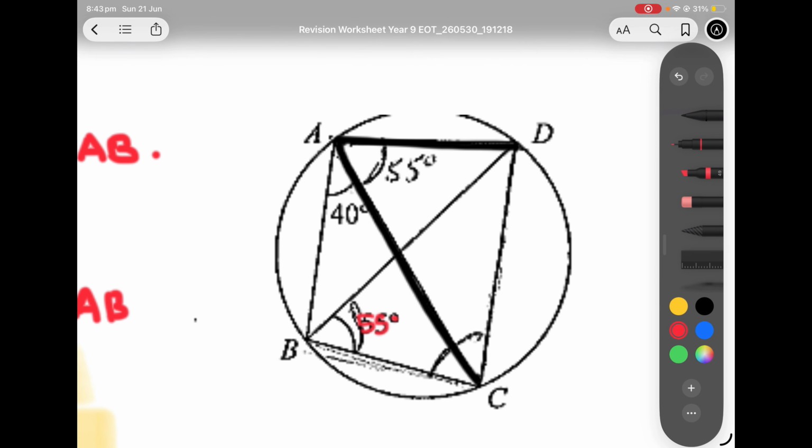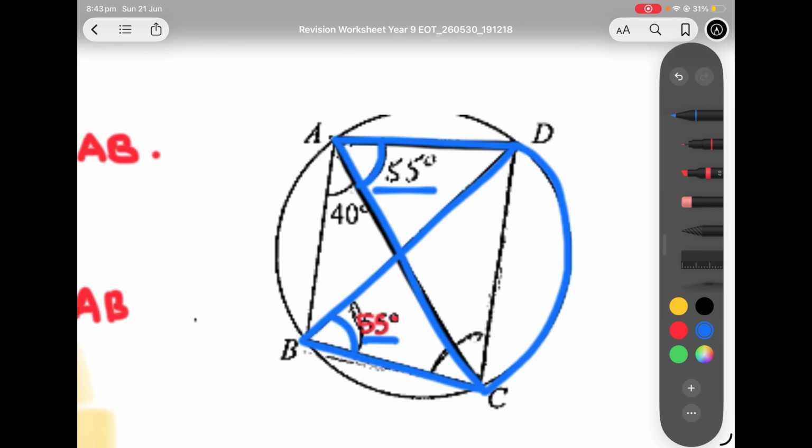This is the arc that I have, and this arc subtends an angle on the circumference, and the same arc is subtending another angle on the circumference, which is given as 55 degrees. Then with the theorem, this automatically becomes 55 degrees.